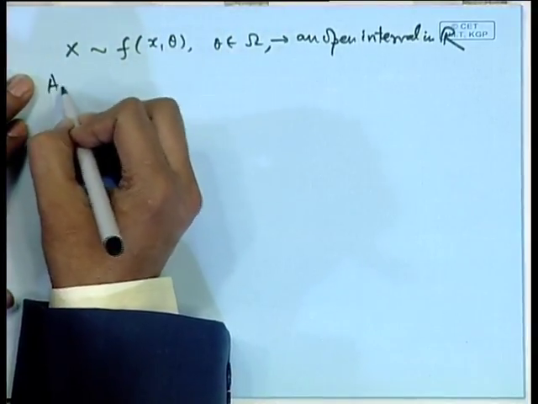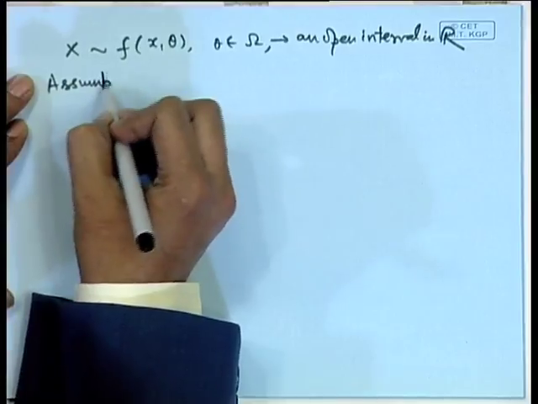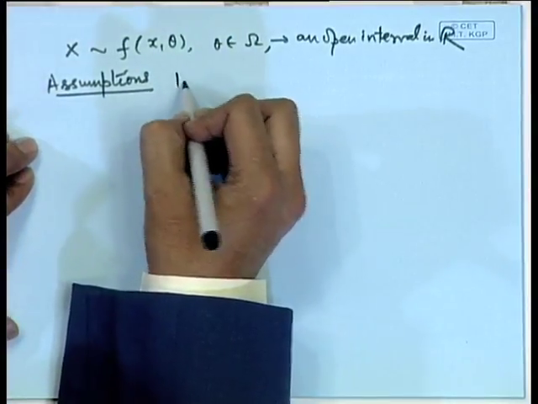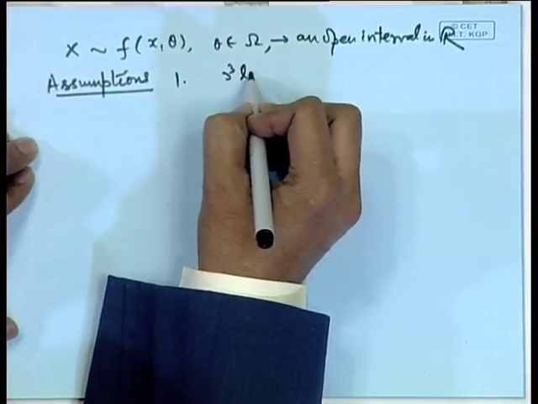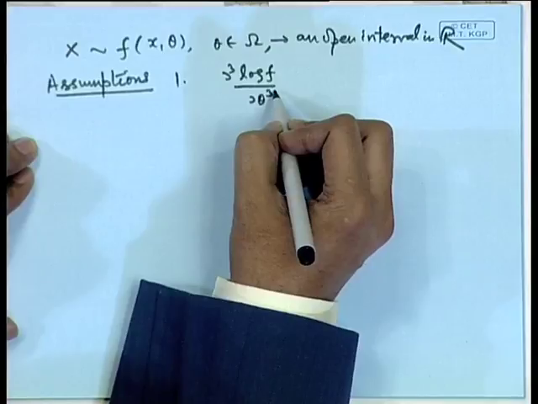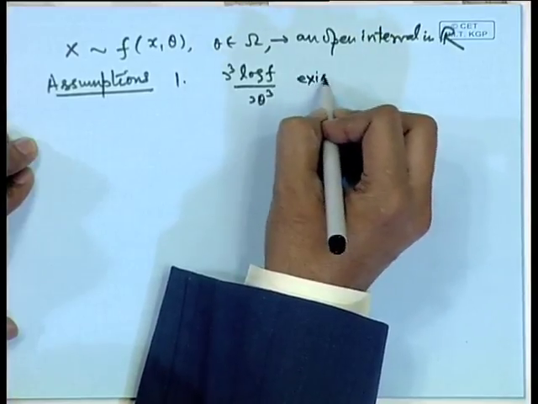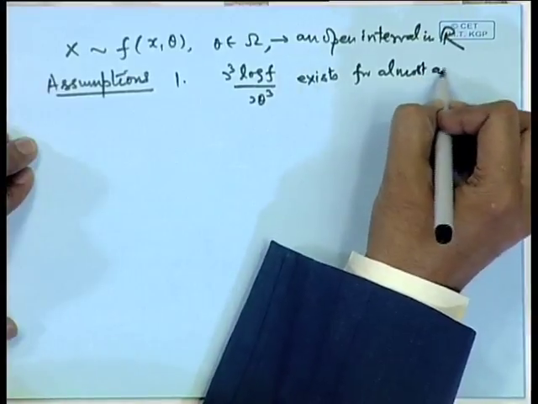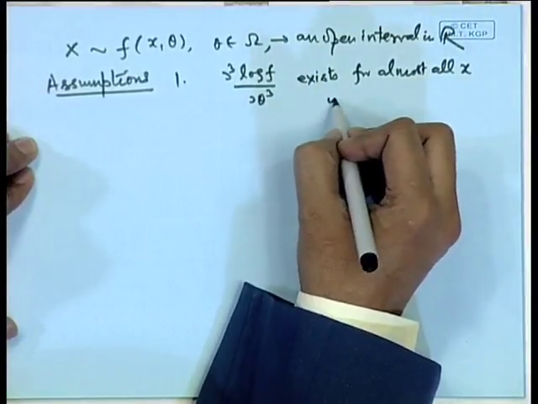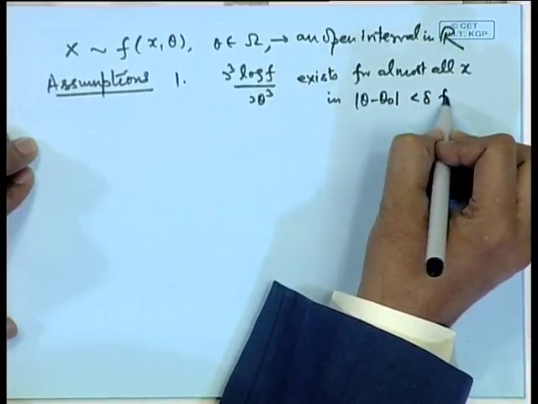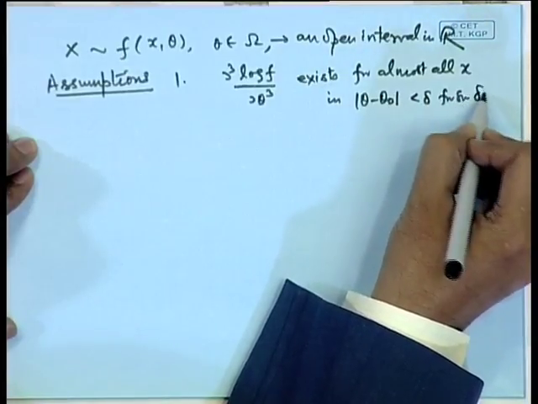The assumptions are: the third order derivative with respect to theta exists for almost all x, for some delta greater than 0.